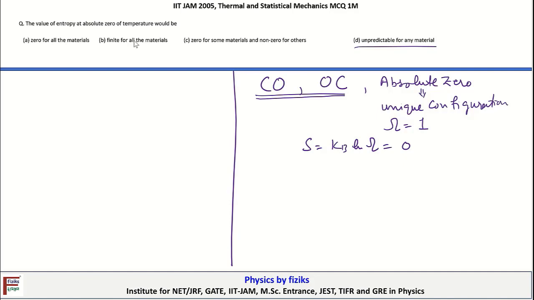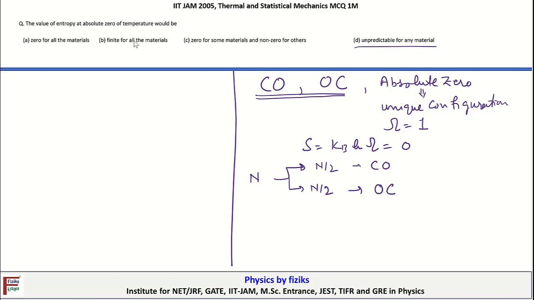So let's try to evaluate the entropy of this gas molecule at absolute zero when it exists in the crystalline form. If we assume a system having N number of gas molecules, then at absolute zero it's possible that N/2 gas molecules will exist as CO and N/2 molecules will exist in OC form.